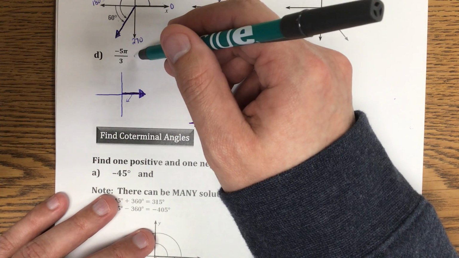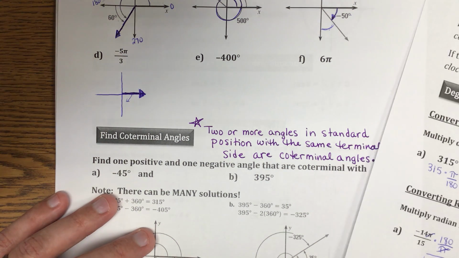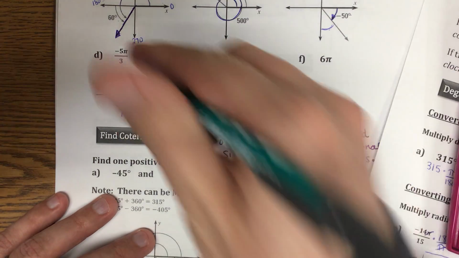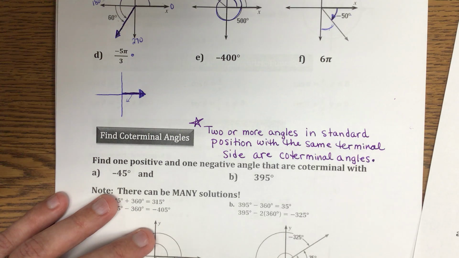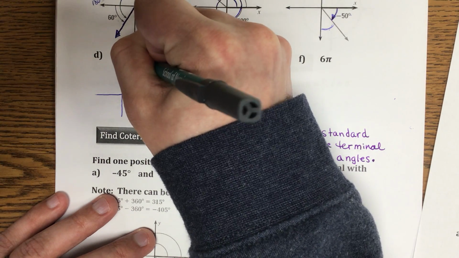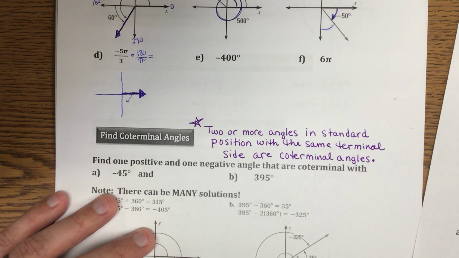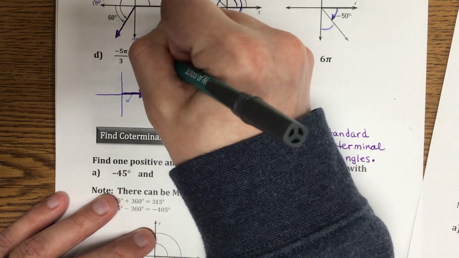And because this is in radians, if you want to take a moment and convert it to degrees, you certainly can. If you're not comfortable with radians quite yet, this would be a good way to do that. So let me go ahead and convert this to degrees. We are going to multiply by 180 over pi. And so the pi's are going to cancel. Negative 5 times 180, and then divided by 3 is negative 300 degrees.